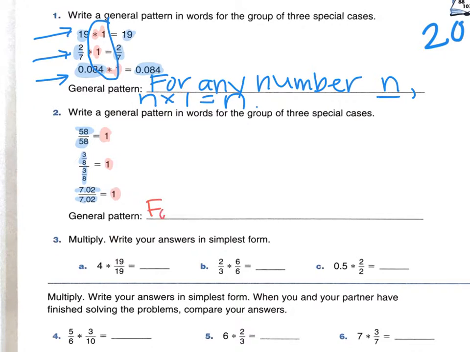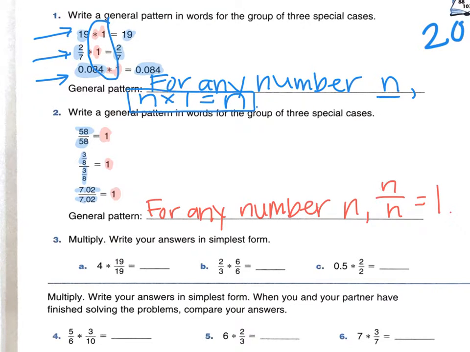So for any number n, n over n equals 1. So our general pattern, if we're looking more carefully for these two, would be this specifically. I just drew a box around number 1. Just drew a box around this one. Those would be our general patterns.